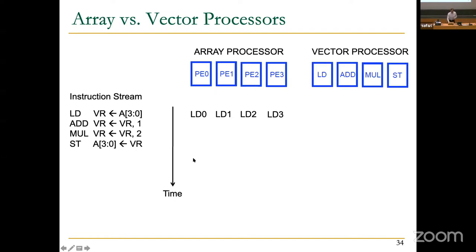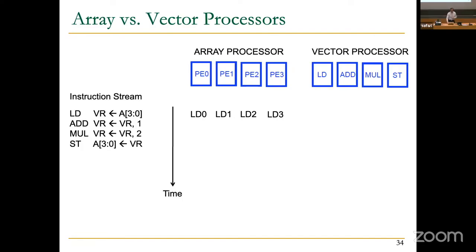In the first cycle, we can execute 4 loads. What does this mean? We're loading element 0 from memory into vector register 0th element in this processing element, element 1 from memory into vector register element 1 in this processing element, and then element 2 here and element 3 here, concurrently.